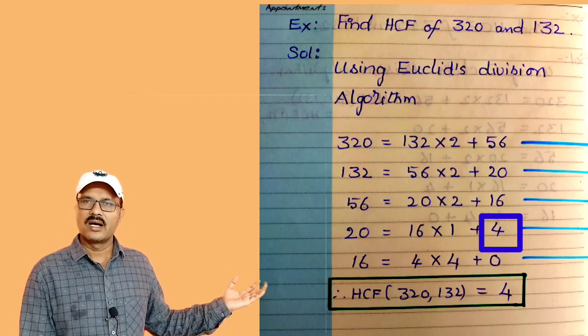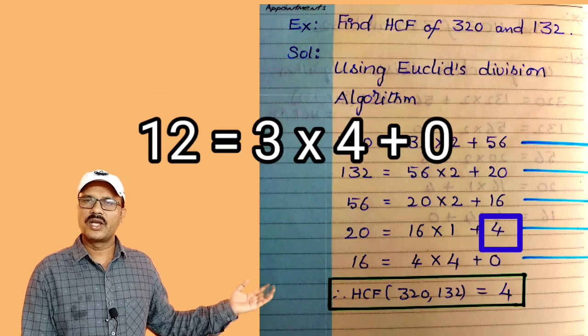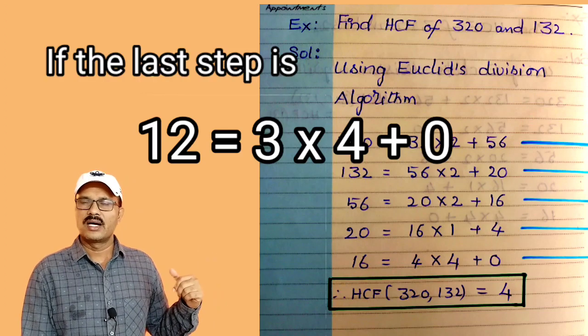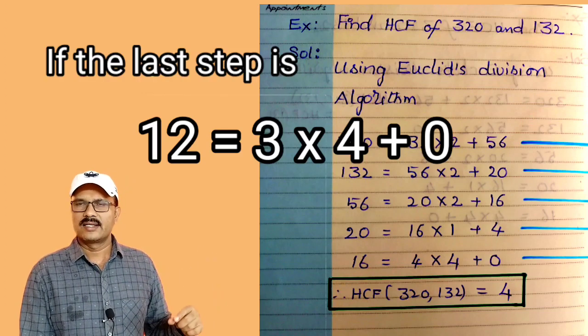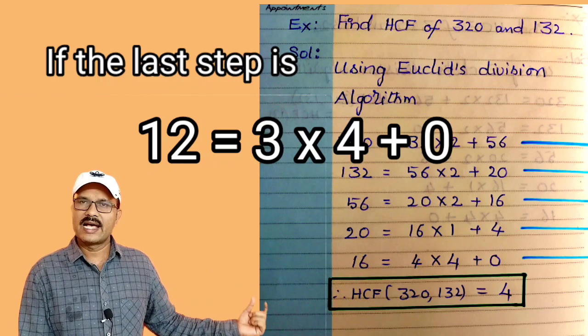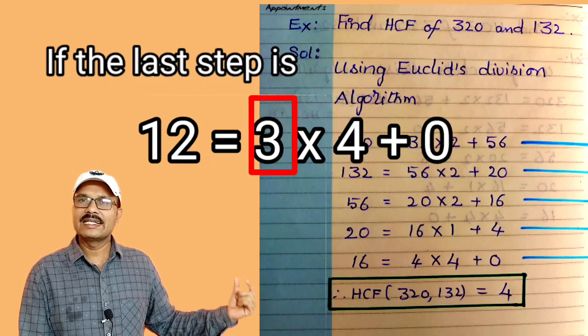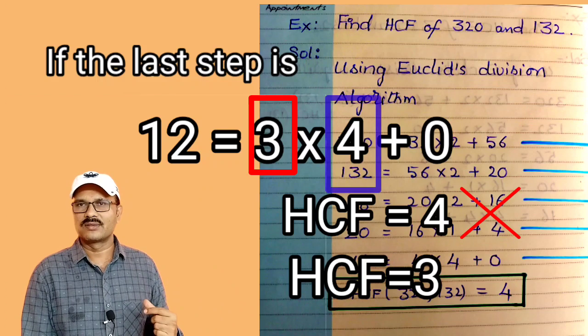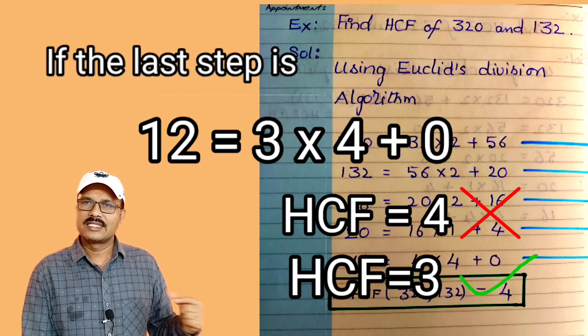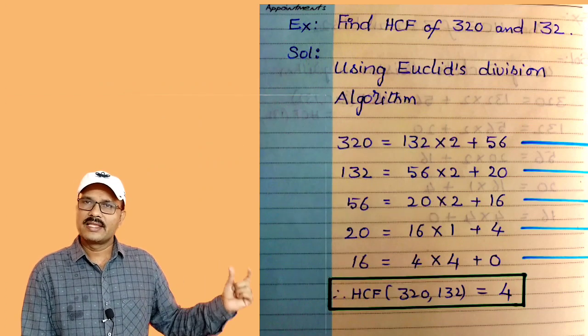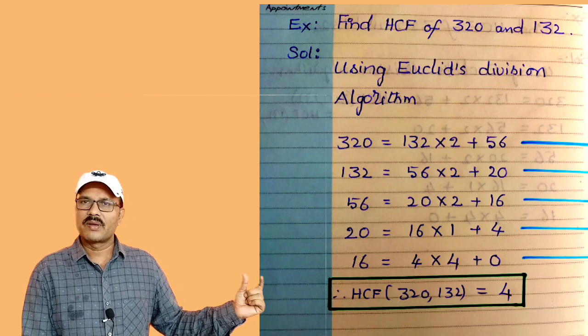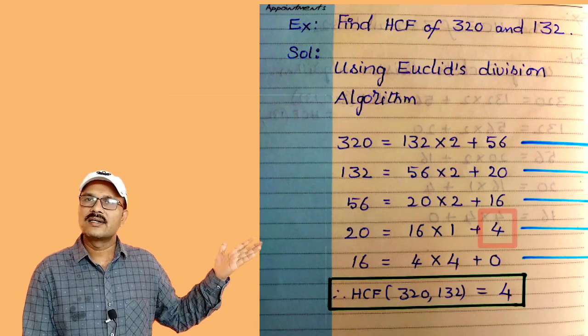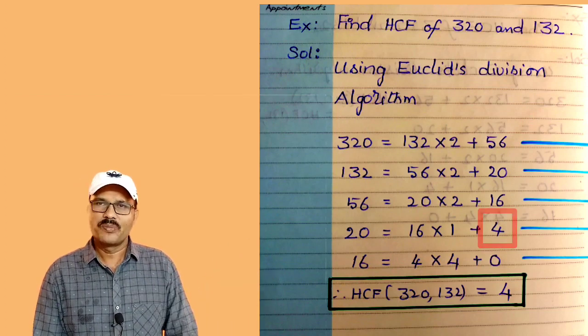For example, 12 = 3 × 4 + 0. So many students write the HCF as 4 instead of writing 3. All of a sudden, confusion, right? So I suggest you take the remainder from the last second step as the HCF. I hope it is clear.